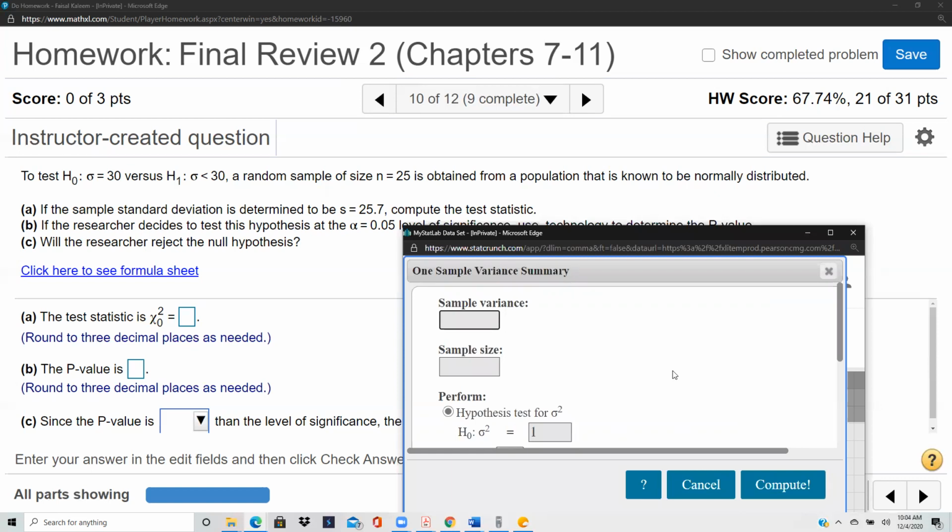Is that the variance? No, that's the standard deviation. How do I find the variance?